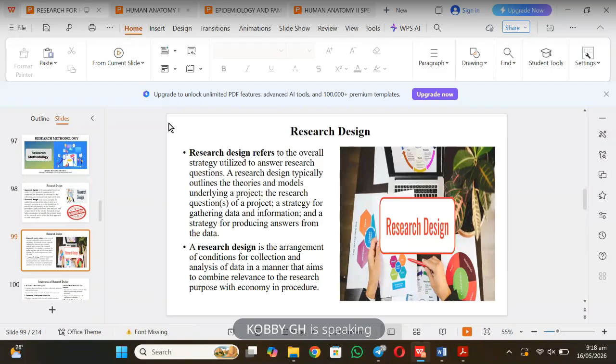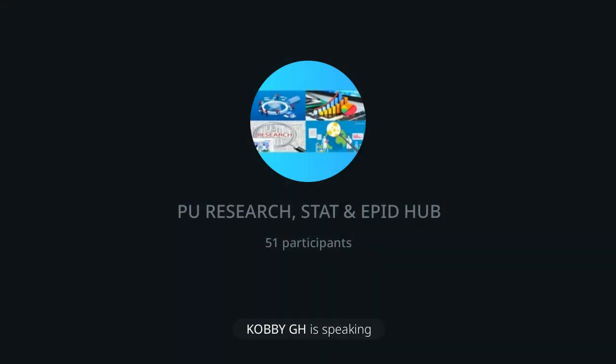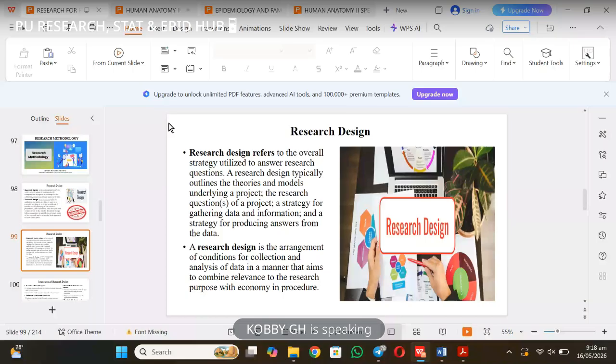So commonly, we have 3 designs that most of you will be using in your research proposals and then your research work. The first one, we call it descriptive cross-sectional design. The second design, we call it retrospective study design.